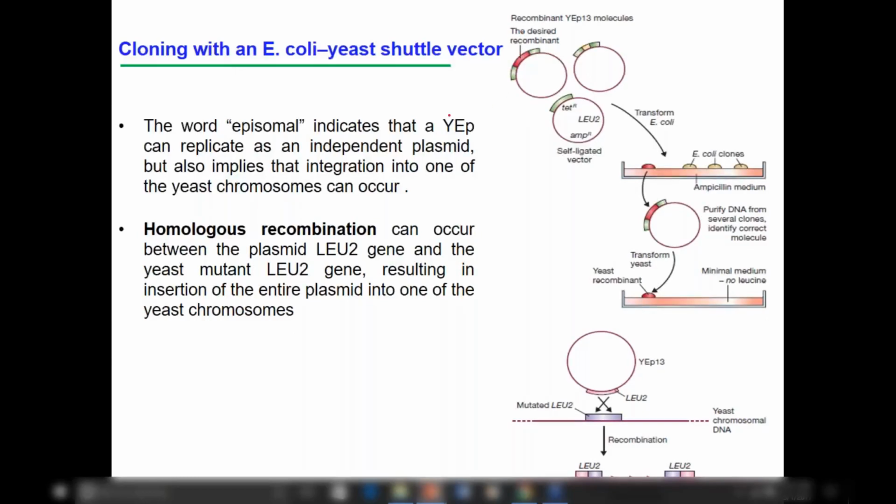So if you see in this YEp, the yeast episomal plasmid, we have inserted a gene of interest here. This is a plasmid with gene of interest. This is a self-ligated plasmid. Since this plasmid is a shuttle vector, first we are using tetracycline as a marker.